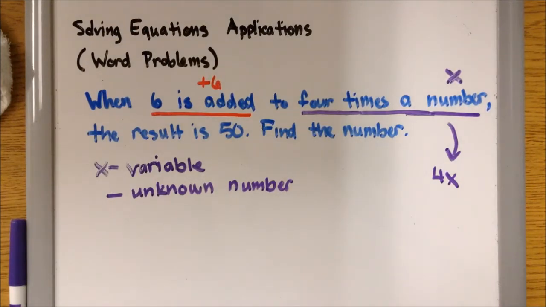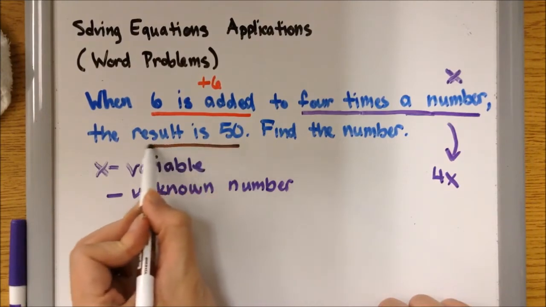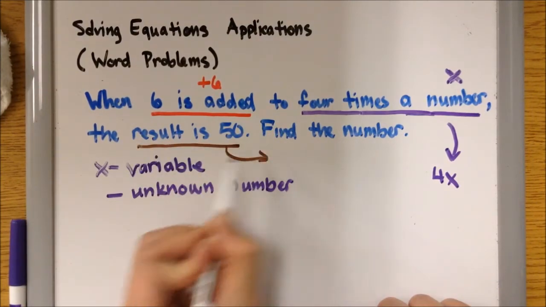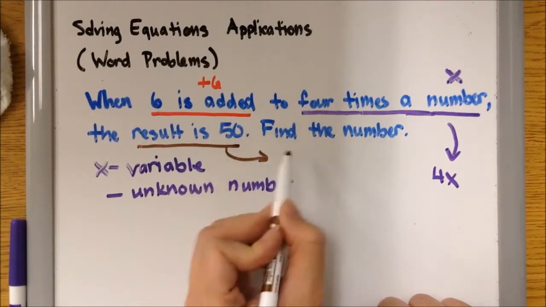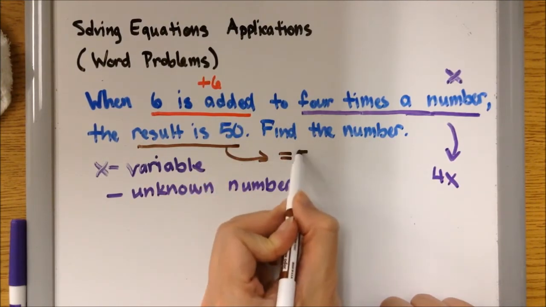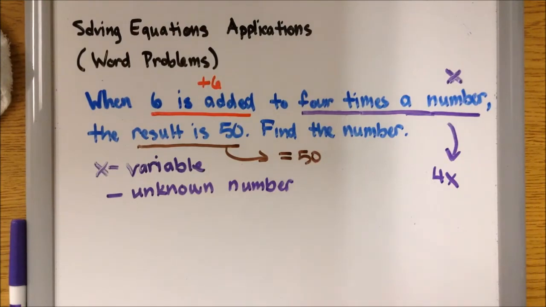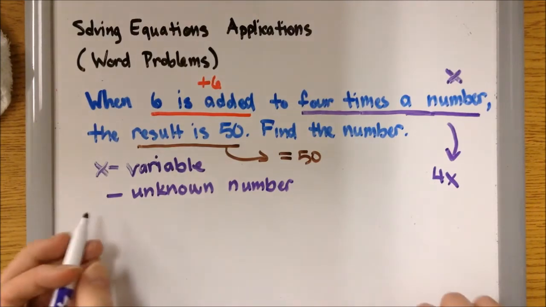And then if we go here, the result is 50. That means the whole word problem is equal to 50. So let me write it out and make our equation. 4 times the number, that's 4x.